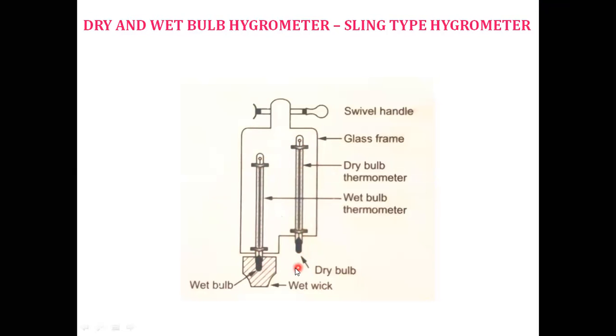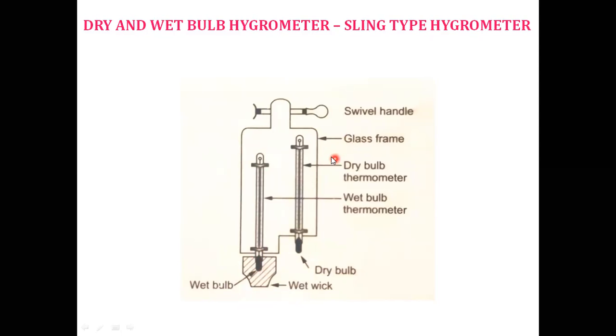There is no wet structure, it is just left off to the air. Therefore I can call this dry bulb. Whereas this one is placed in a wet structure, immersed in some liquid. A wet wick is provided here, so this bulb is immersed in that wet structure. I can call this the wet bulb here.